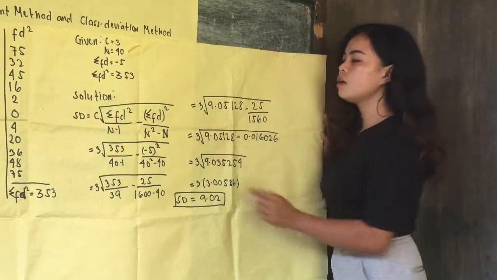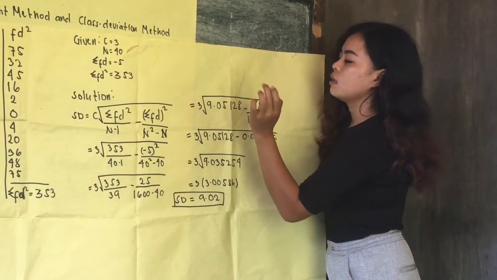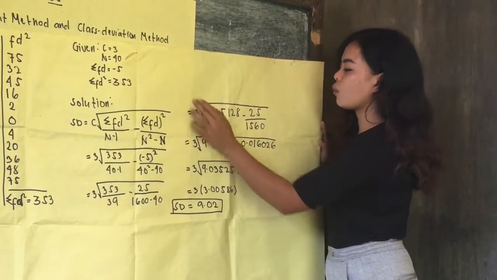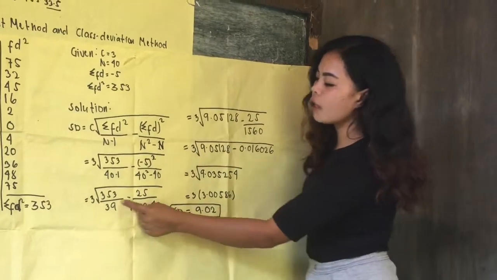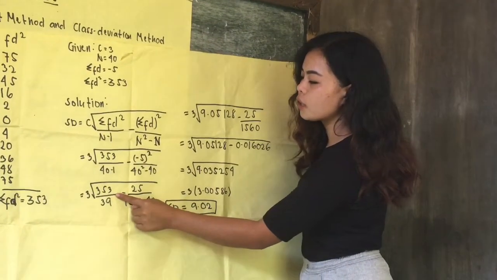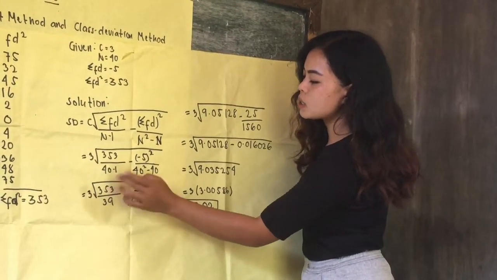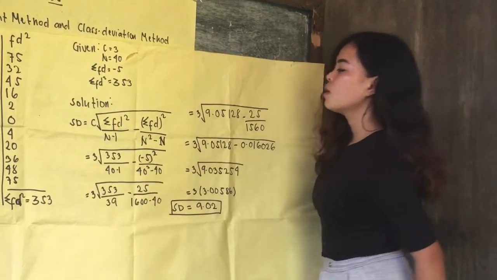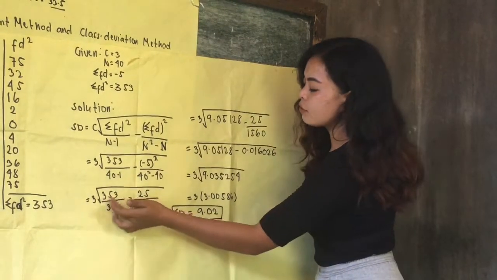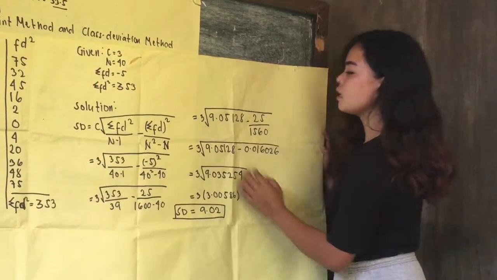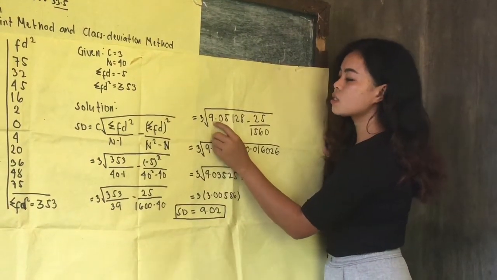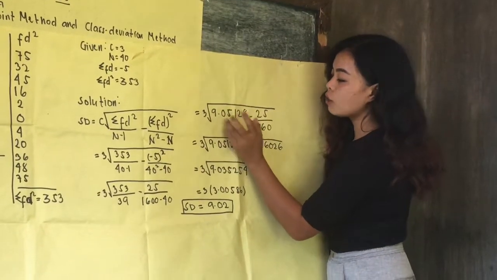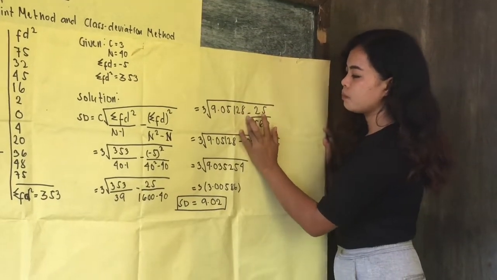Again, just copy the class interval of 3 and the square root. Then you have to get the quotient of summation of FD2 and the difference of these two values. So 353 divided by 39 is equal to 9.05128.